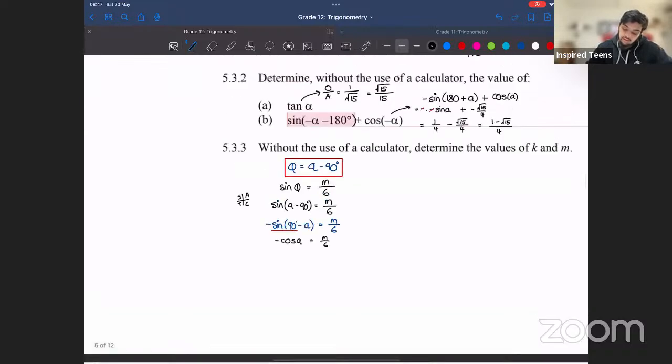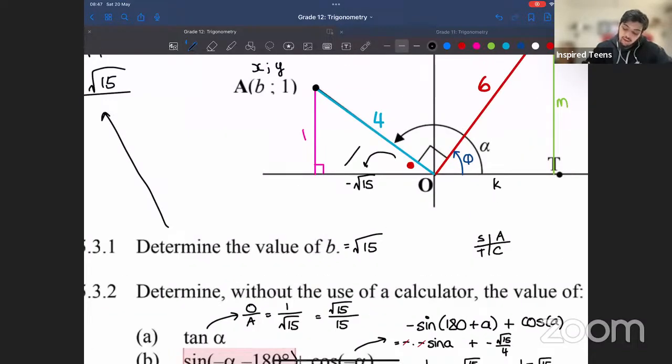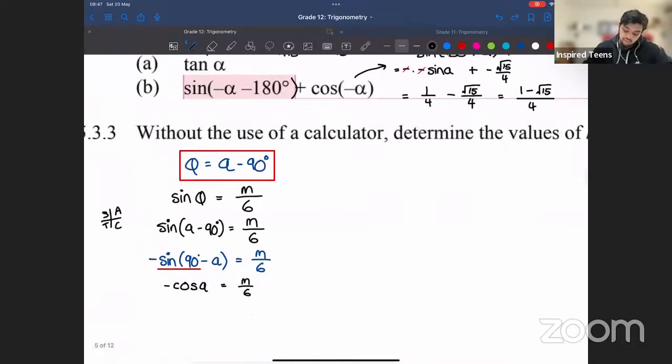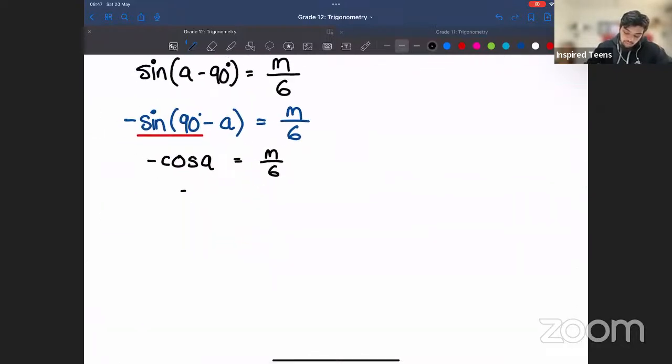Cos alpha is adjacent over hypotenuse, so negative root 15 over 4. So it's negative, actually, negative root 15 over 4, so they'll cancel each other out. This is equal to m over 6.